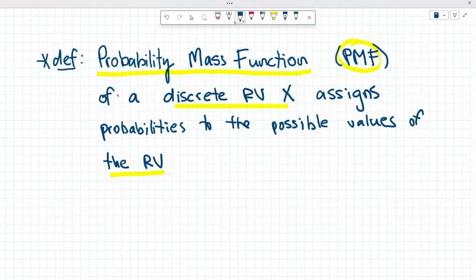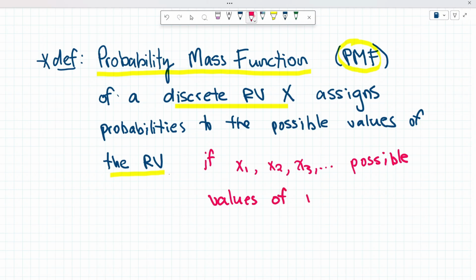More specifically, if we have x1, x2, x3, for example, which are the possible values of our random variable X, remember that the capital X, our random variable, has many possible values because it's mapping everything from that sample space to the real line or the target space.